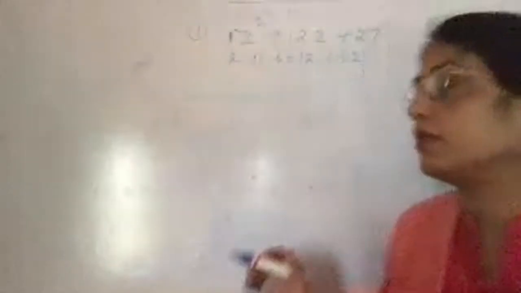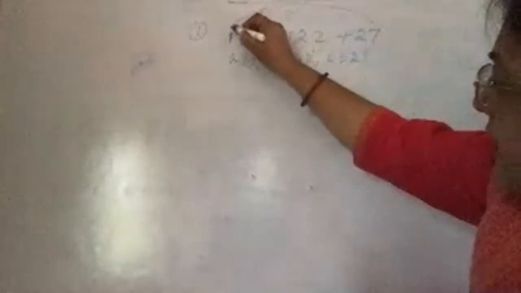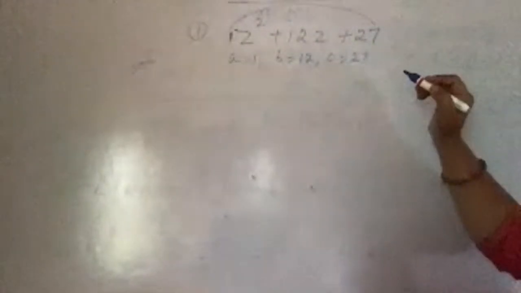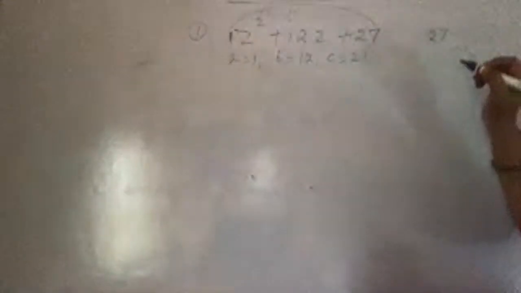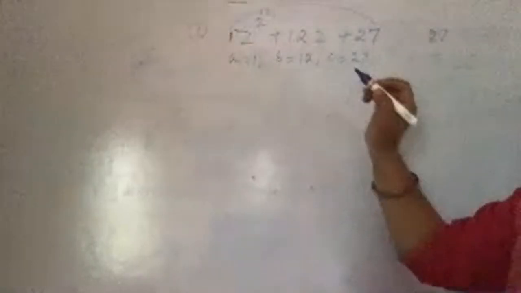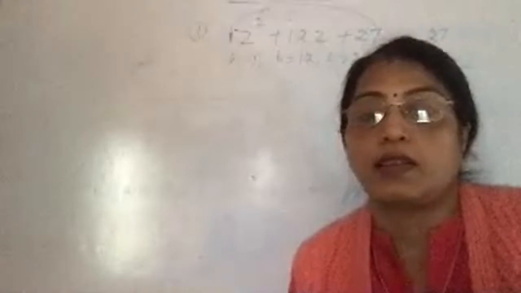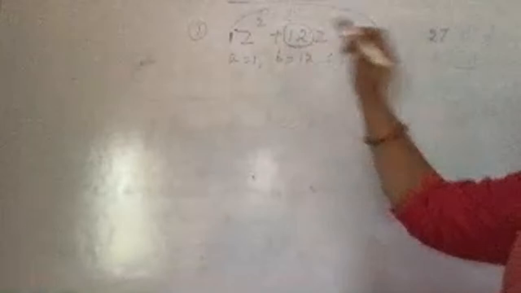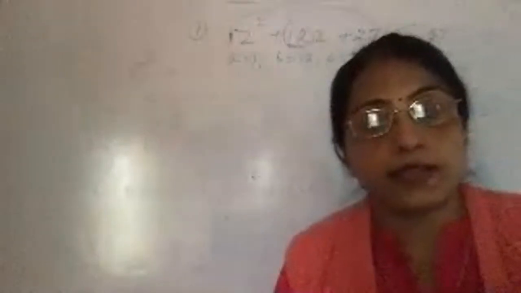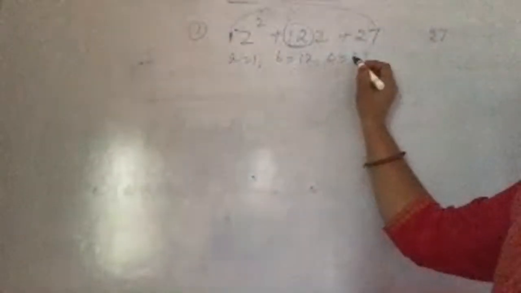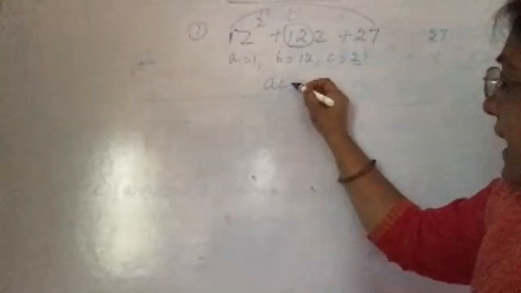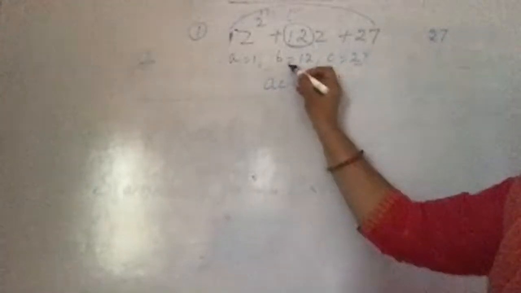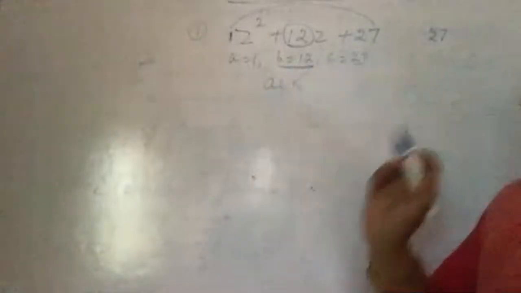So what we do is multiply A and C. A times C is 27, and we take factors such that by addition or subtraction you will get the middle term. Means we multiply AC, and break AC into two factors such that you will get 12.